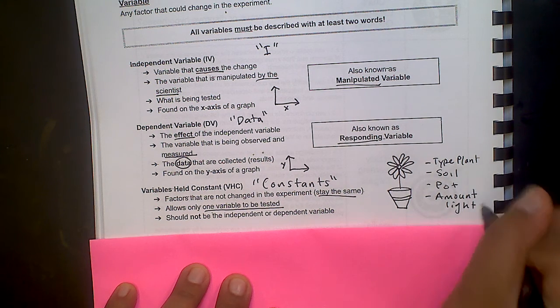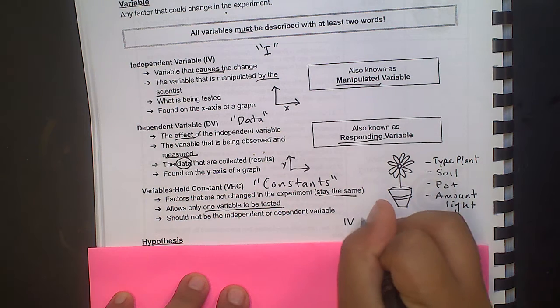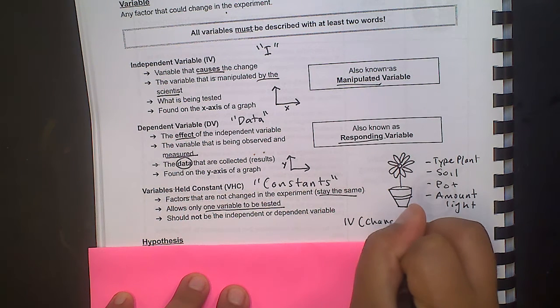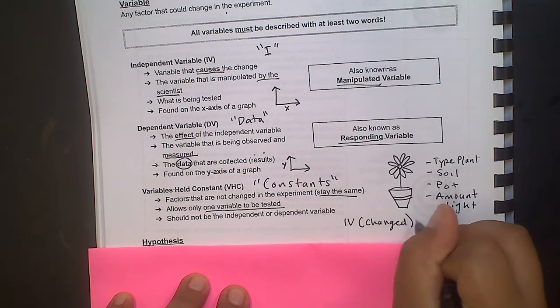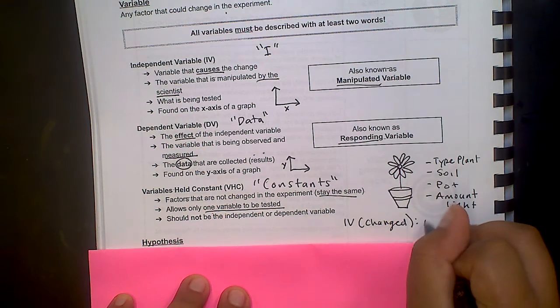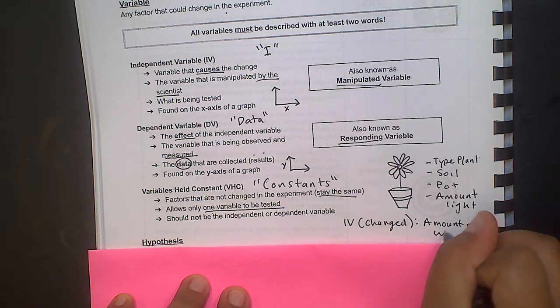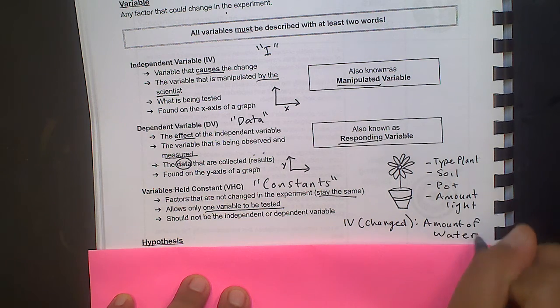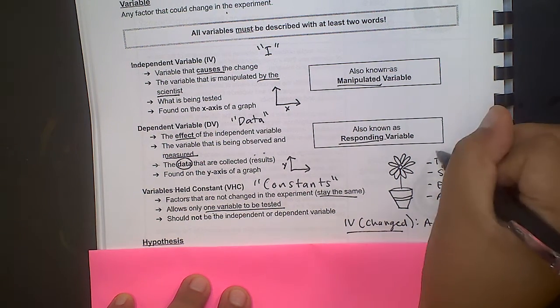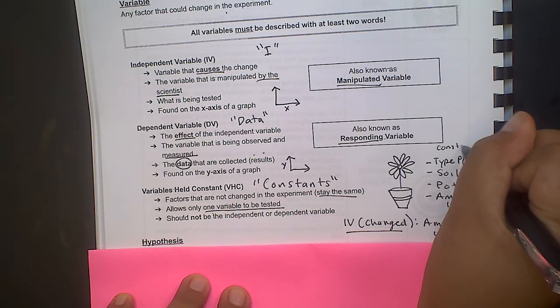But the one thing I change is the amount of water. Okay, so these are what we call constants.